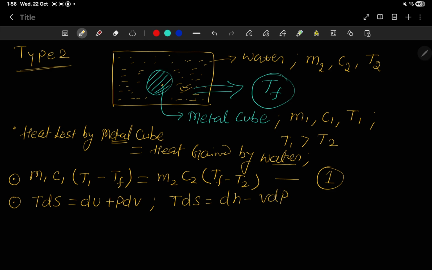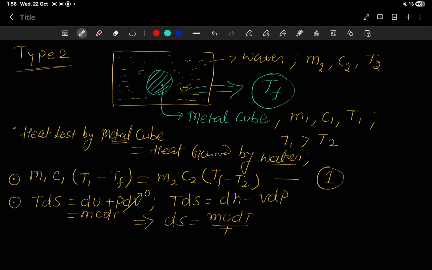In case of solid and liquid, these are incompressible in nature, so change in volume is 0, and we write du as mc dt. From here we can write ds equals mc dt upon T. This is the standard equation.